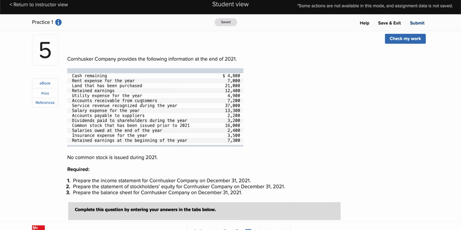Accounts receivable, that's another asset. Accounts receivable, again, is that account that holds the total amount that all of your customers owe you for things that you allowed them to buy on credit. So it's a list of all your IOUs with the amounts. So these are very liquid assets because typically accounts receivable are going to be collected from your customers within 30 to 45 days.